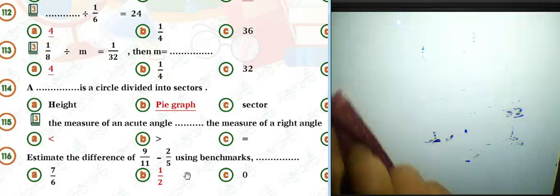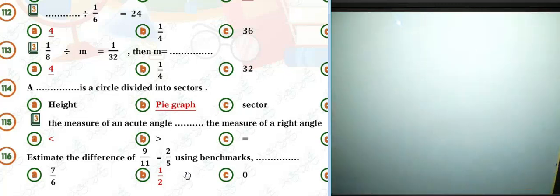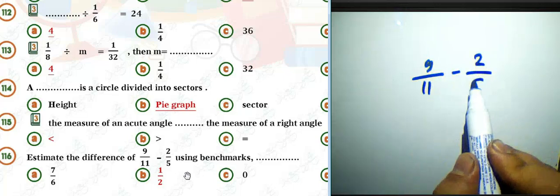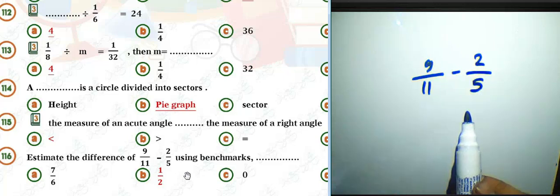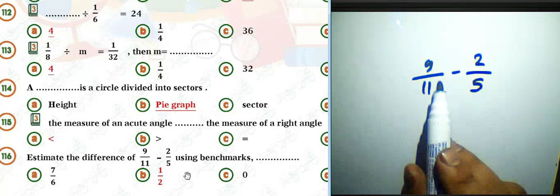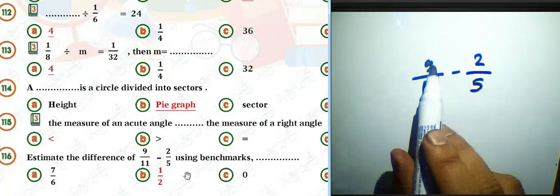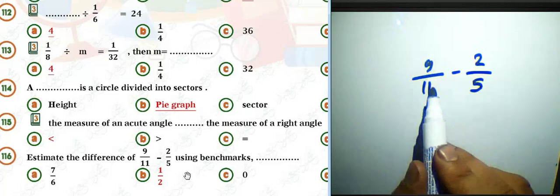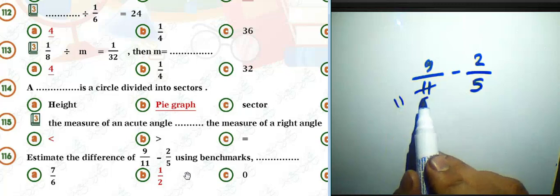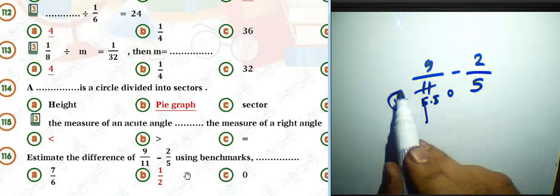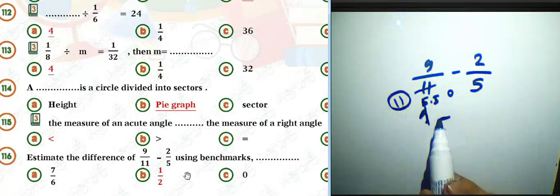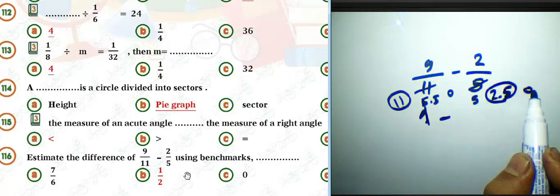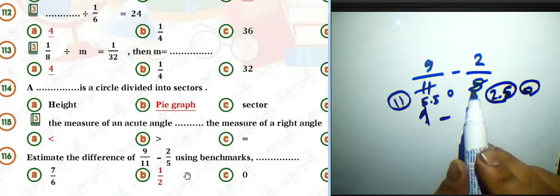We know 9 over 11 is nearest to 1, because 9 is nearest to 11 in the numerator, and 2 over 5 is nearest to a half. 11 divided by 11 equals 1, and 2 is nearest to 2.5, which is half of 5.